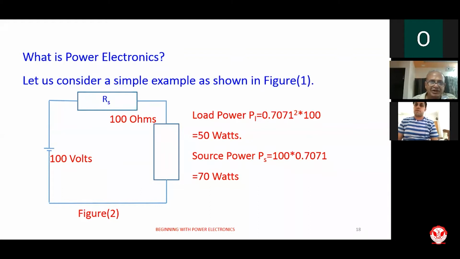At this solution, we can easily see the load power PL is current squared multiplied by 100, that is 0.7071 amperes squared multiplied by 100 ohms, which is 50 watts. The source is delivering 0.7071 amperes at 100 volts. So the source power is 100 into 0.7071, that is 70 watts.